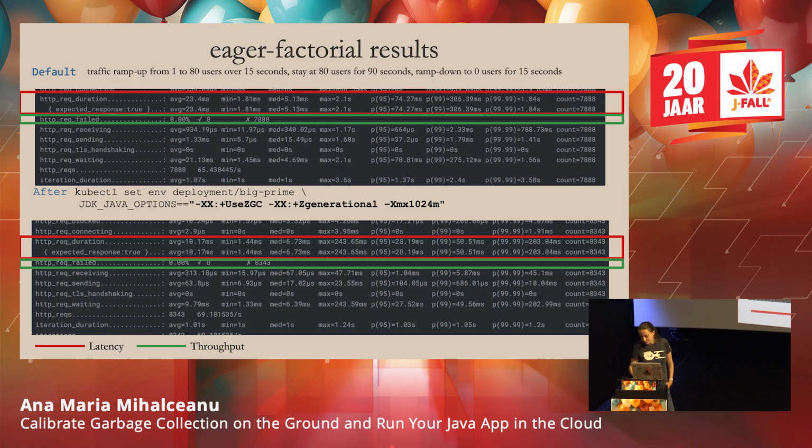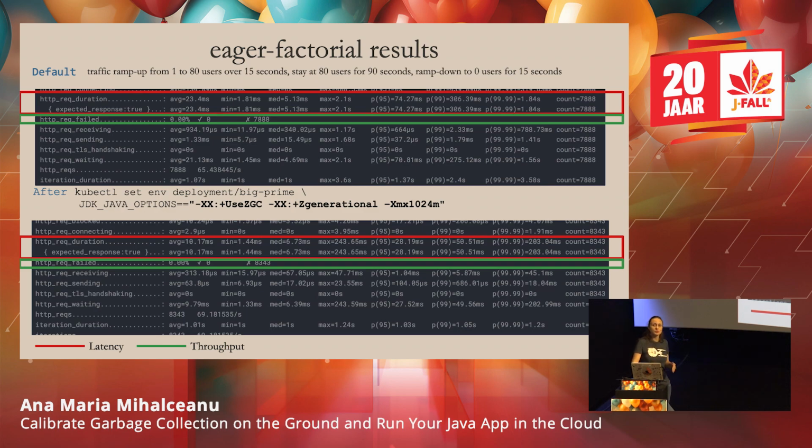And looking at it, I observed that my throughput has increased a lot for the eager factorial. However, if I look at the results I got for the latency, they are comparable with parallel GC, but slightly worse.